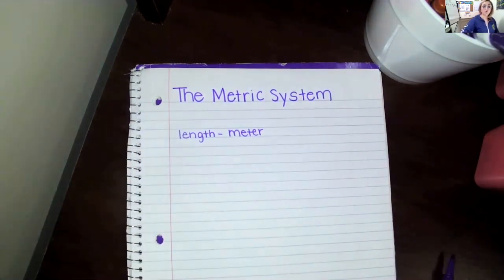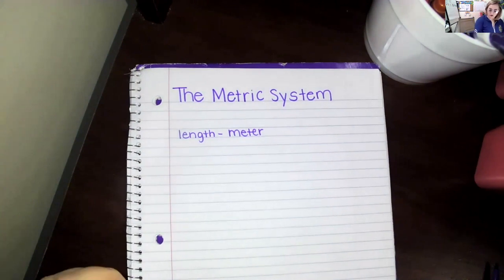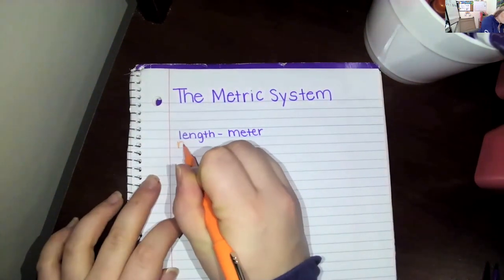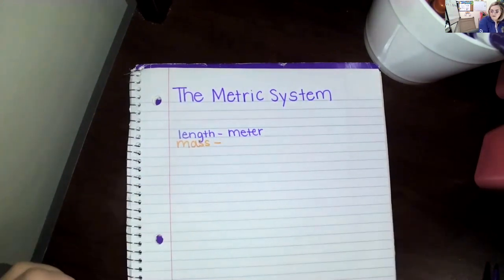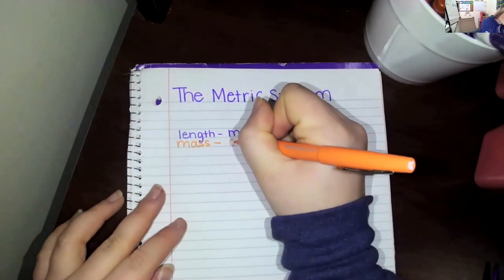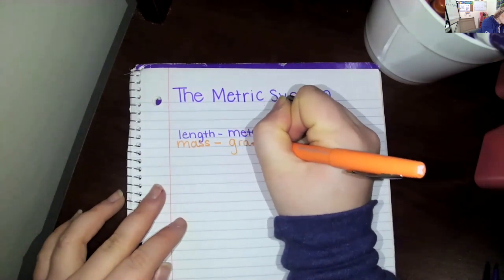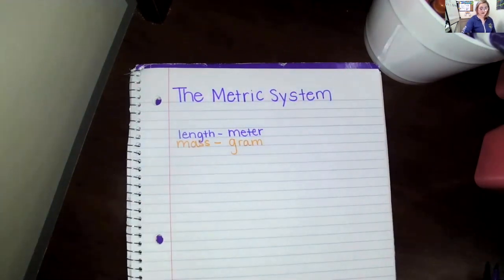Okay, so when we use meters, we are measuring the length of something usually. For the mass or like the weight, so mass is like another way you can say weight, okay? We use grams. You're going to use that probably a lot in science eventually, okay?